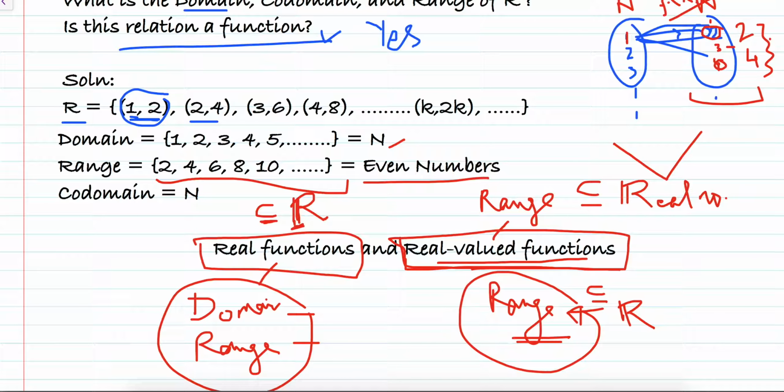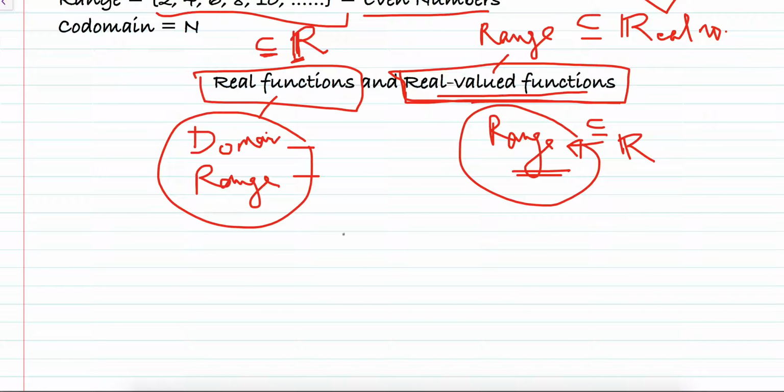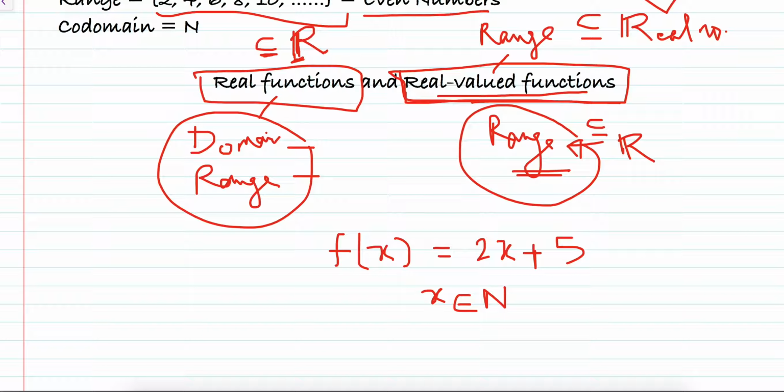For example, if f(x) is defined as 2x + 5, and we are given the condition that x belongs to N. So here x is a natural number, so 2 times x plus 5 will also be a natural number.